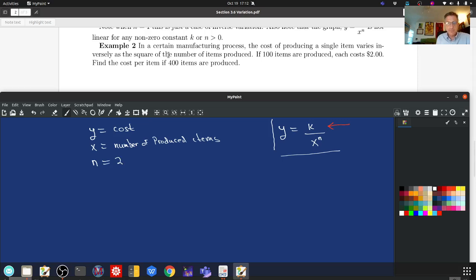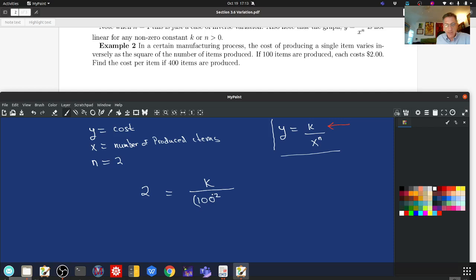So here we go. If 100 items are produced, so that means x is equal to 100, each costs $2. So I have to find the value of k. That's not going to be too bad.